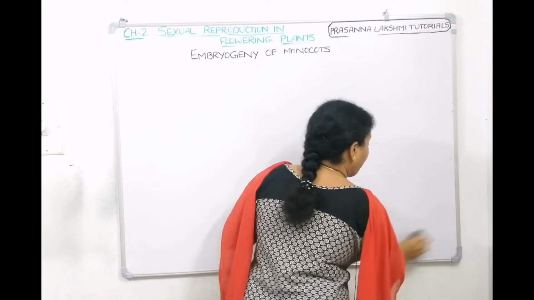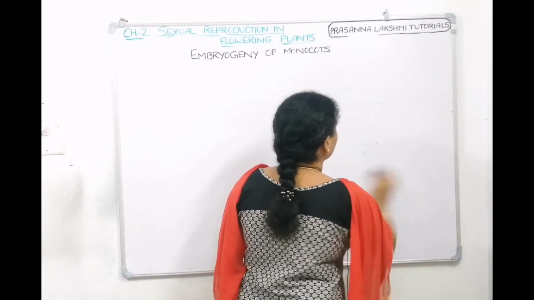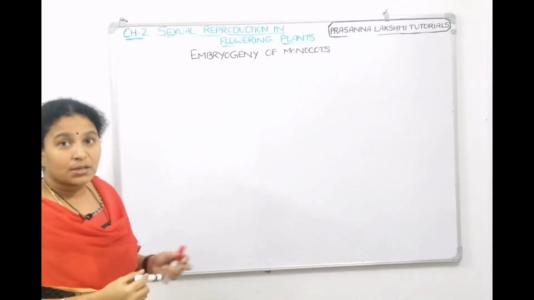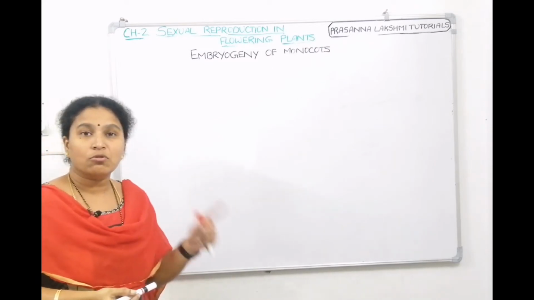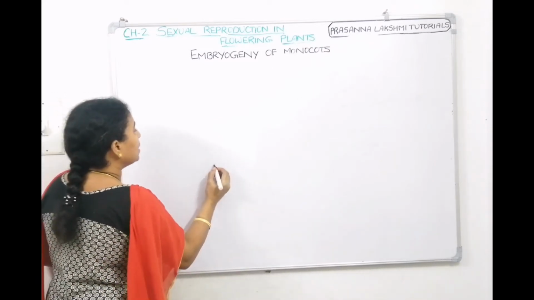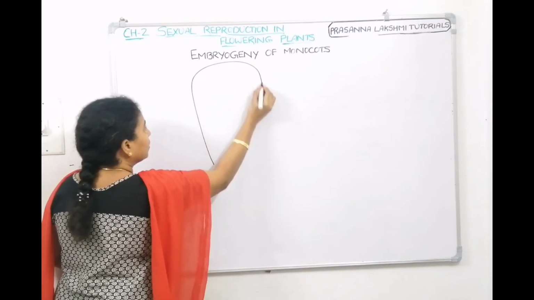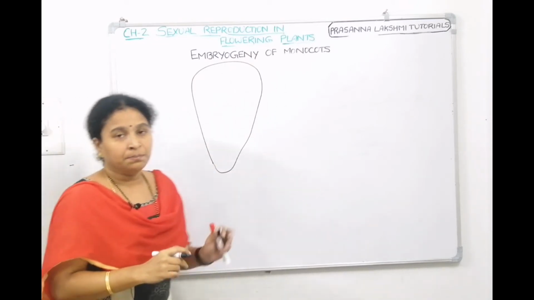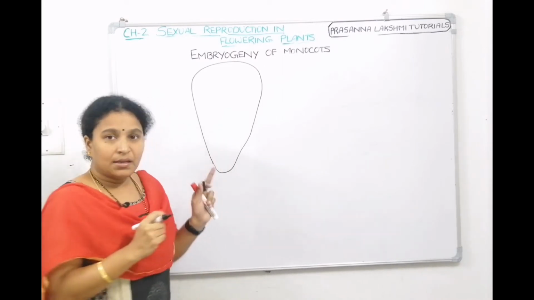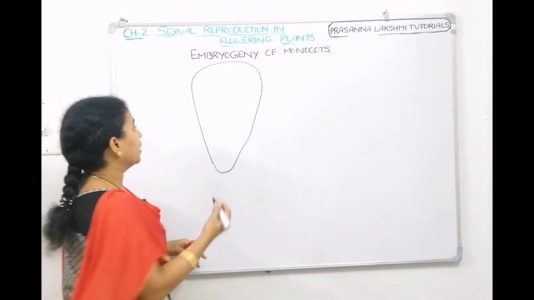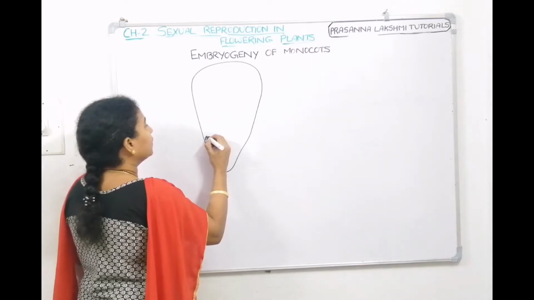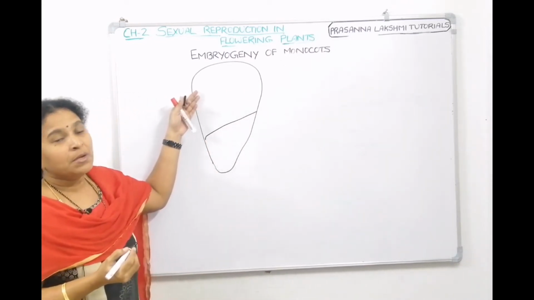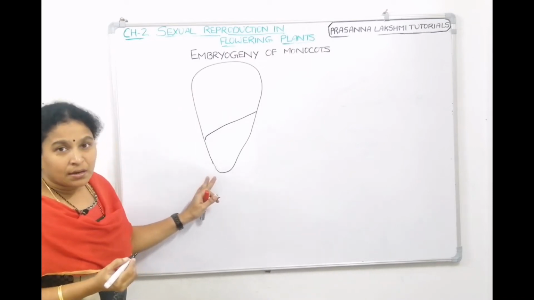That too, they have bulky endosperm. 2/3 of the seed content is endosperm only. Earlier what we have seen is the monocot embryo. Now, to see the monocot seed, I am drawing a maize seed. Now, this is a maize seed. I told you the majority is endosperm, meaning 2/3 of the seed is filled with endosperm.